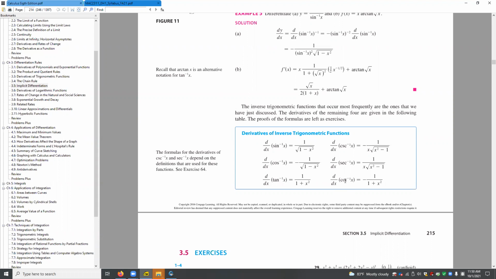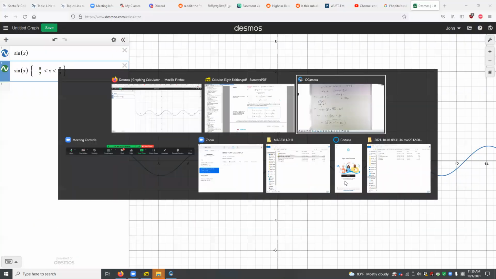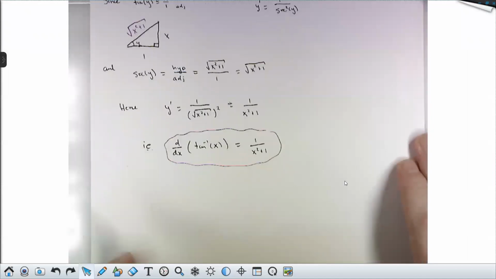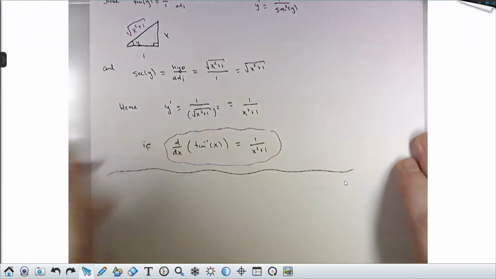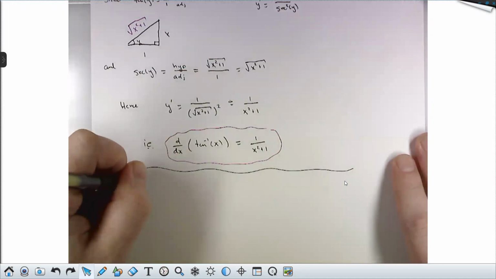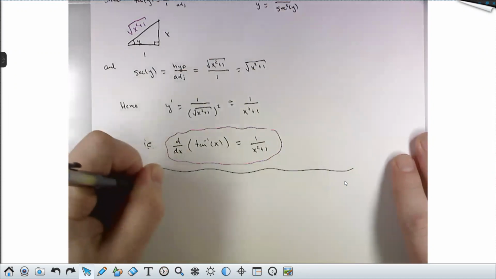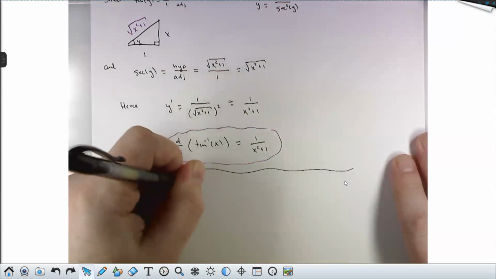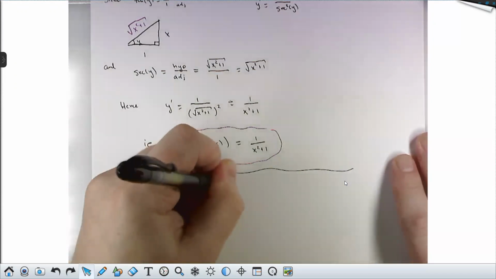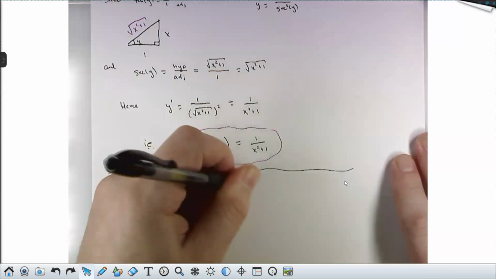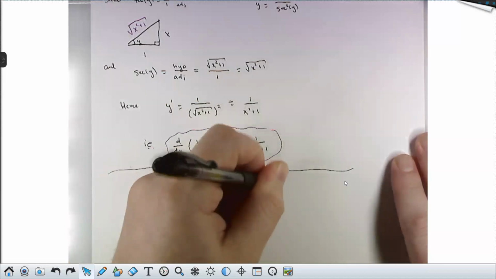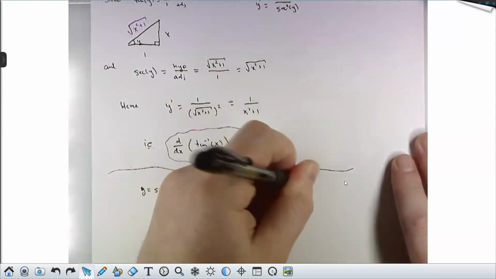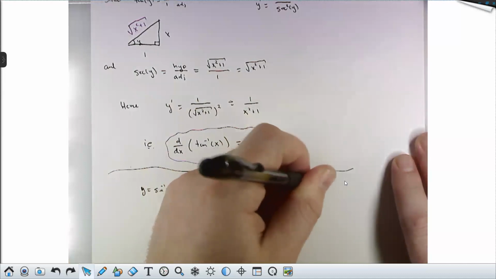So those are the definitions that we wrote down a little bit earlier. The way you get arc sine from sine or arc cosine from cosine, we say that the inverse sine function means sine of y equals x, and negative pi over 2 is less than or equal to y is less than or equal to pi over 2.